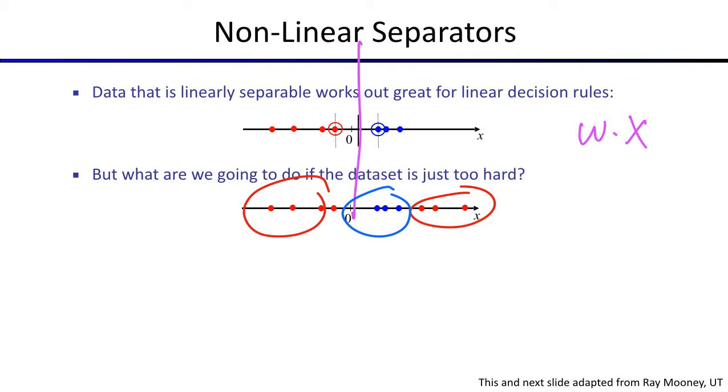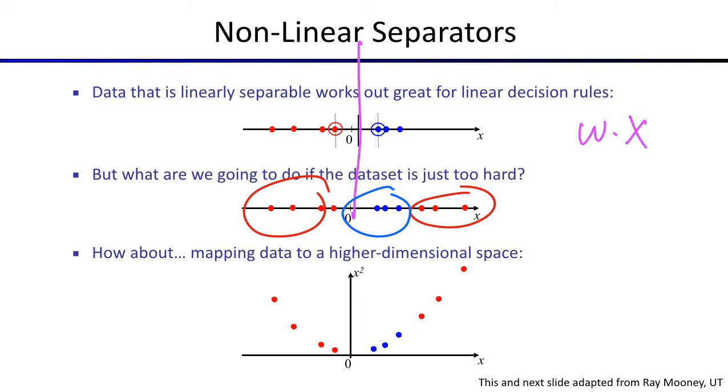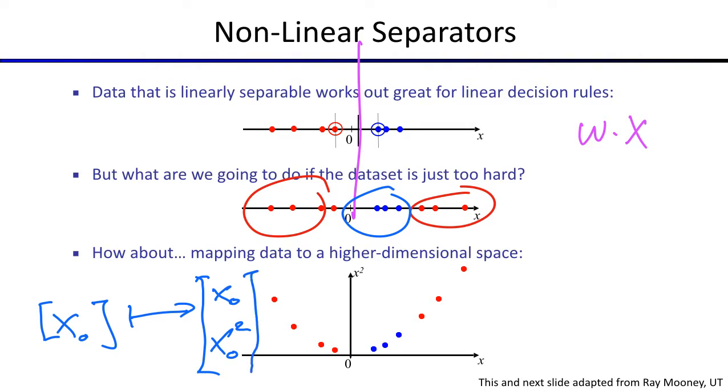And so the trick that we started developing last class and the class before was to map our data into some kind of higher dimensional space. So we start with some input feature that we're going to call x0. And what we're going to do, either explicitly or implicitly by way of a kernel function, is transform this into a new feature vector that's not one-dimensional but two-dimensional, that has features x0 and x0 squared. When we plot these two-dimensional features now, we wind up with something that looks like this.